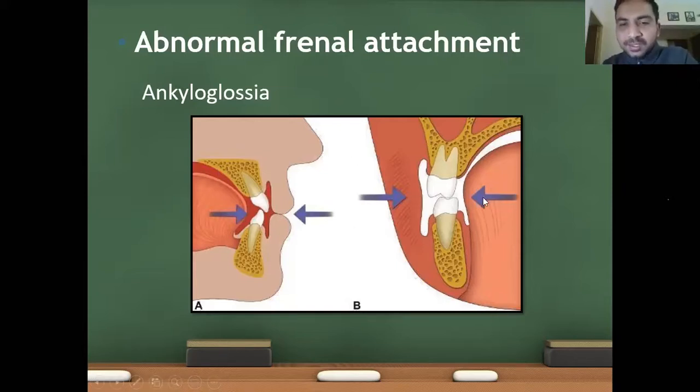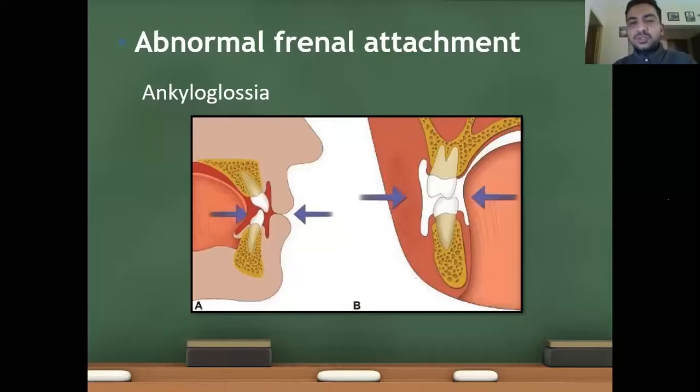So what can happen is, in the maxillary arch, the force from the buccinator muscle would be more than that of the tongue from the inside, which can lead to constriction of the maxillary arch due to excessive force of the buccinator muscle. So along with the maxillary arch, the maxillary molars would move lingually or palatally, resulting in posterior crossbite.